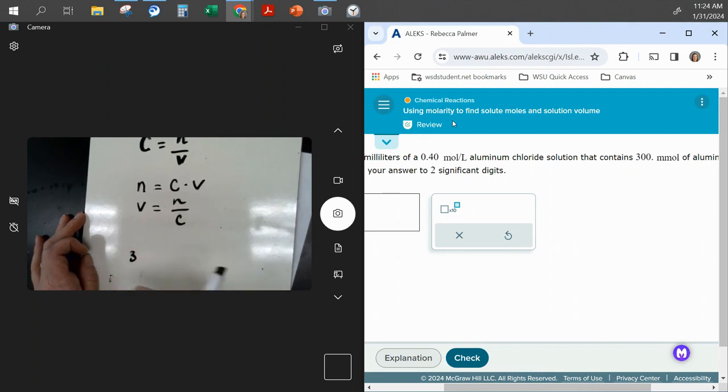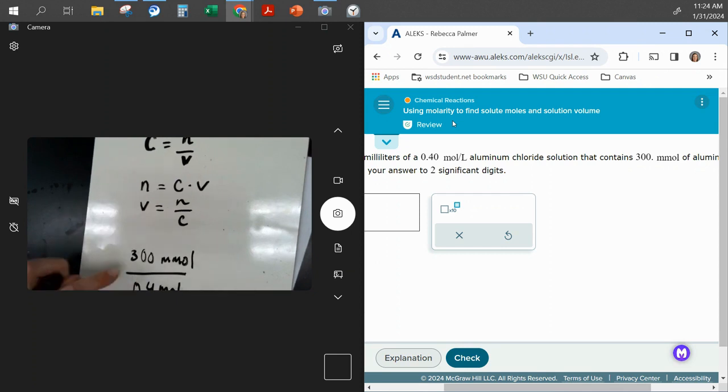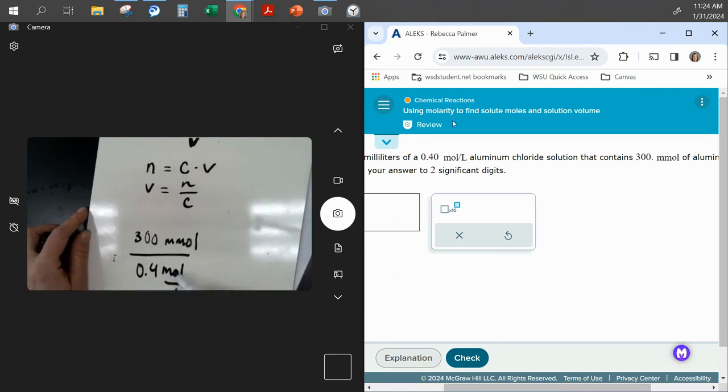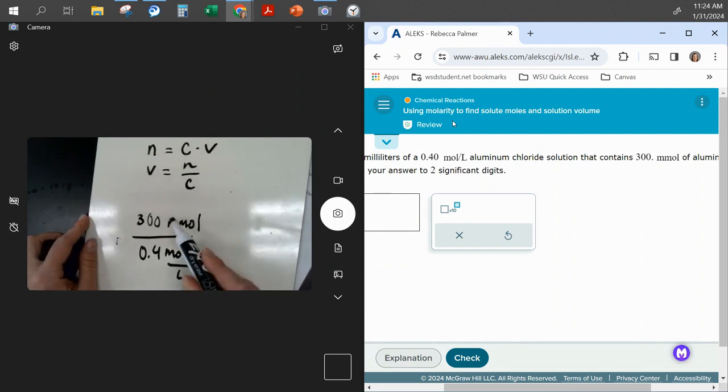Oh, I don't know why I want to put 330 really bad. This is millimoles. And I'm going to divide that by the concentration, which is 0.4 moles per liter. If I look at my units right now, millimoles won't cancel with moles. Oops. So I need to change this one to moles.